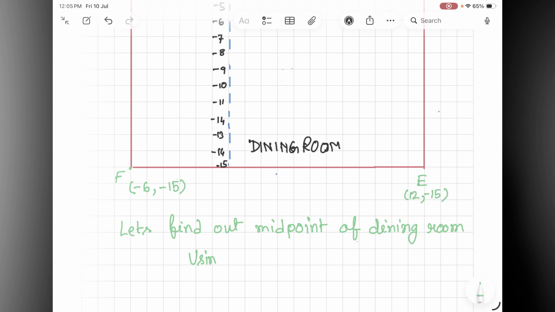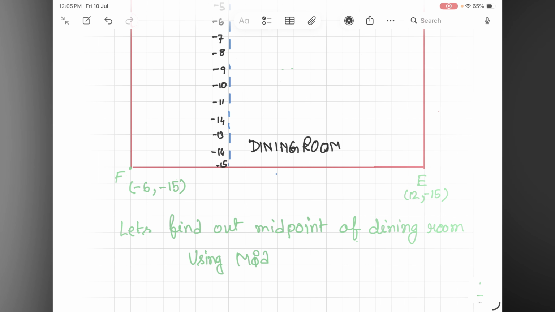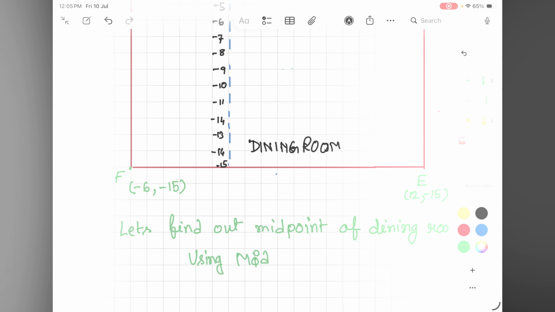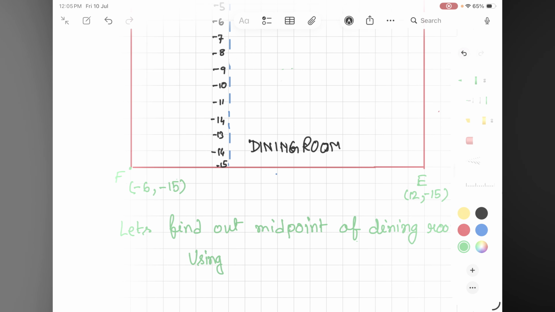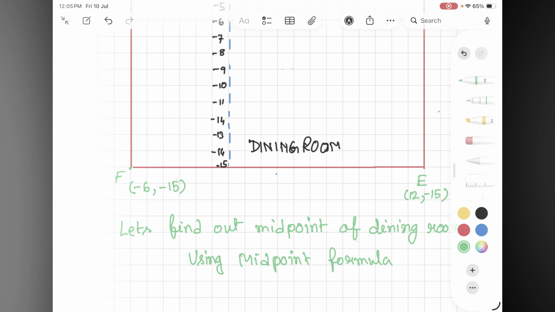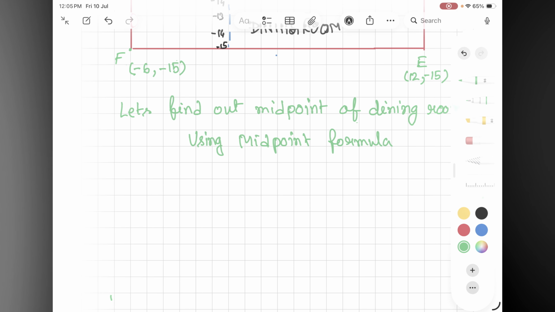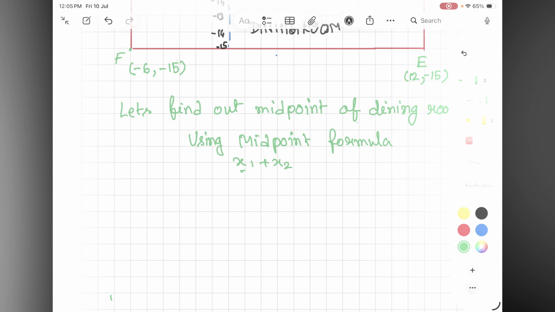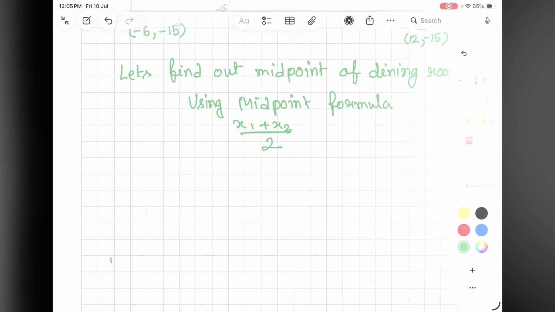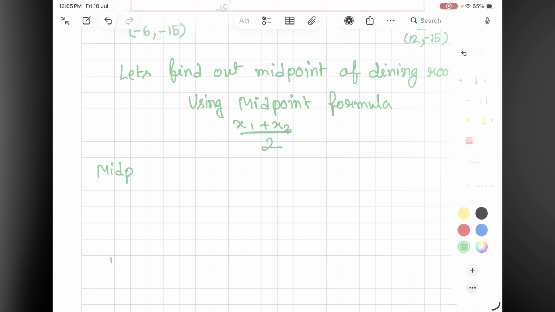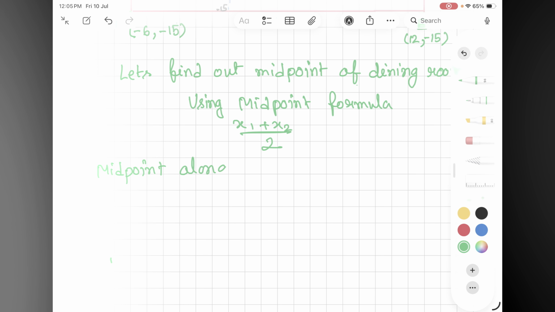Using the midpoint formula. What is the midpoint formula? x1 plus x2 by 2. This formula we are using. So first find the midpoint along the x-axis.